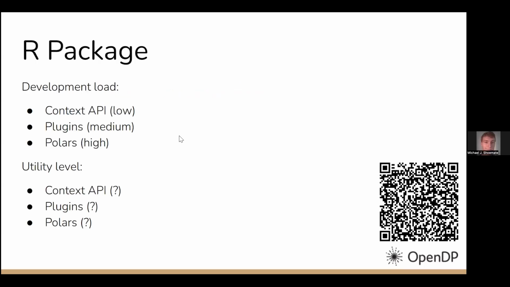Okay, so we also have an R package. There are some drawbacks to the R package. It provides framework APIs, not context APIs. There's no way to write your own R code and integrate it into the package from R. That's a nice functionality for Python and Rust, that you can build your own transformations and measurements.